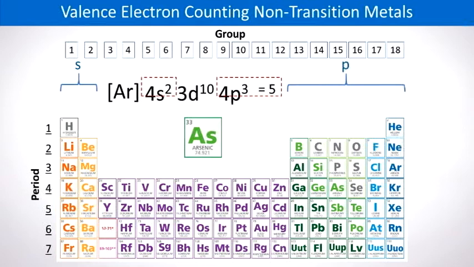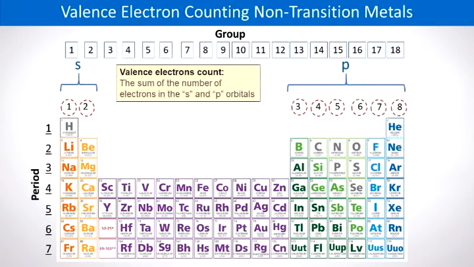When we sum these values, we find that there are 5 valence electrons in arsenic. We can obtain that same answer of 5 valence electrons by counting from left to right, 2 in the s orbital and 3 in the p orbital for a total of 5 valence electrons.